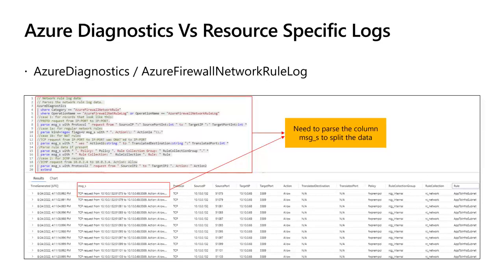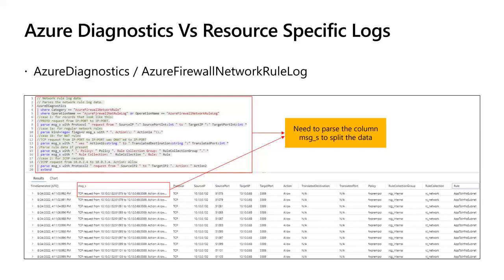If you look at the highlighted section in the logs, all of the important information like the source IP, the destination IP, the action and everything is only available in one column, which is the message column. And then it's not easy to read. In order to make it readable by a security analyst without extra effort, we need to parse the data that is present in that column.